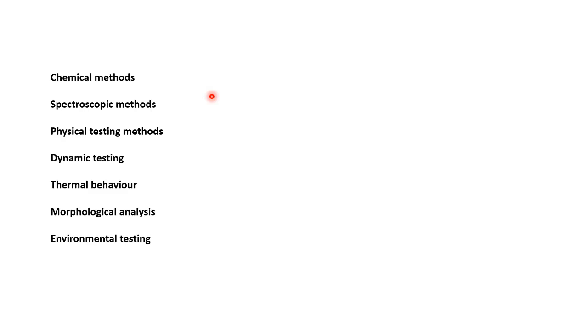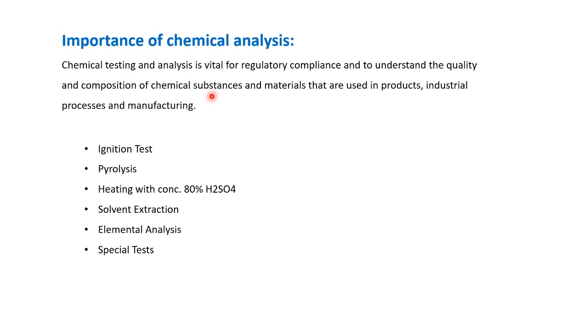So these are a few techniques which can be used to know the property of a material, or if we want to know the functionality or the structure of the material, that can also be determined using some of these techniques. So first of all, the importance of chemical analysis. I'm just going to give a brief about chemical testing.